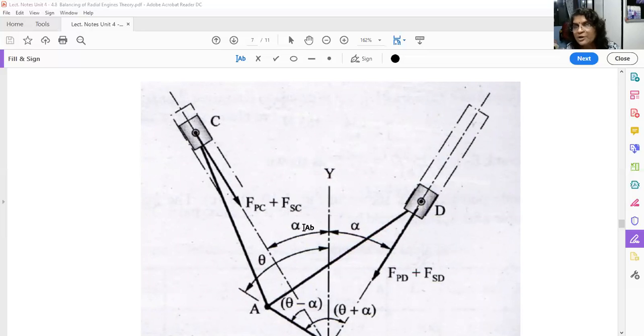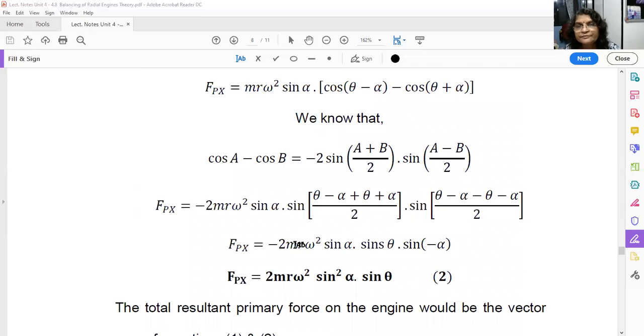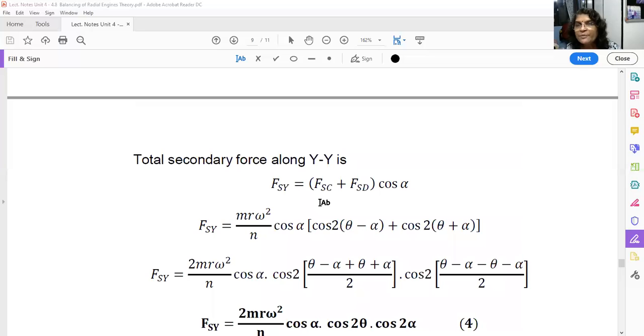So it will be cos alpha. So the total secondary force along YY, you have to add it. FSY, that is the secondary force along Y direction, is equal to FSC plus FSD into cos alpha. Okay. So put the value of FSC and FSD here.